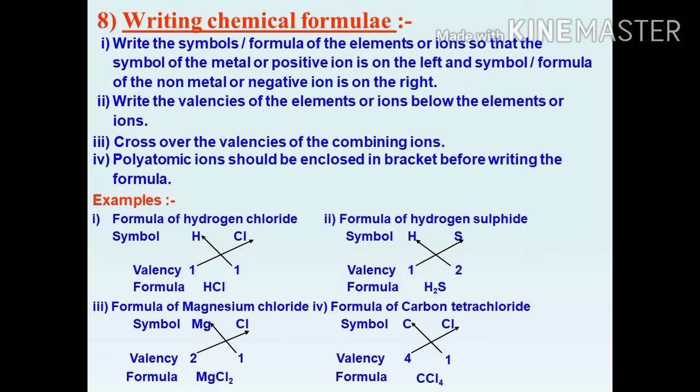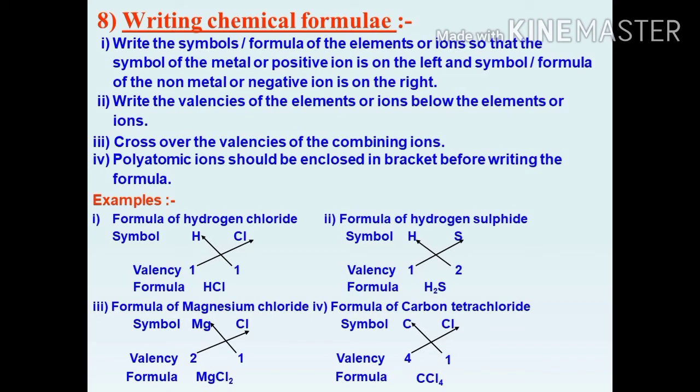Valency can be used to find out how the atoms of an element will combine with the atoms of another element to form a compound. With the help of this valency, we can create the chemical formula.